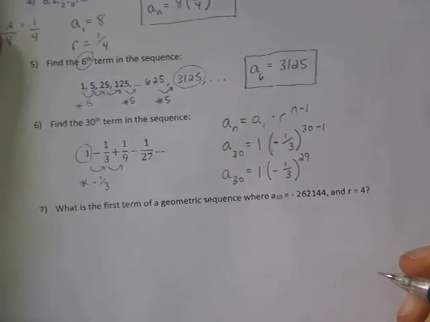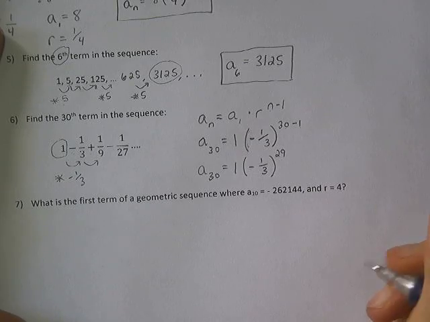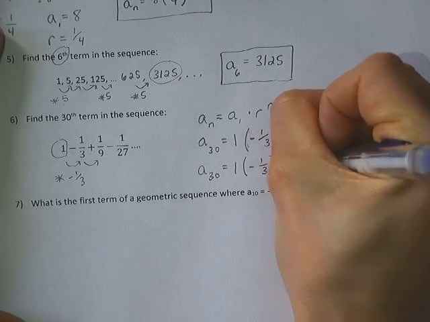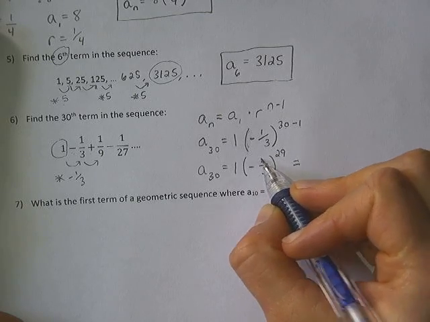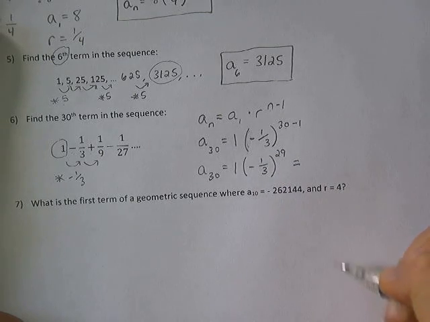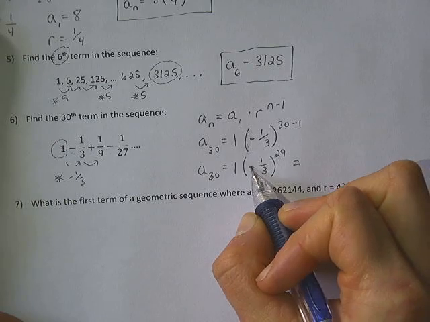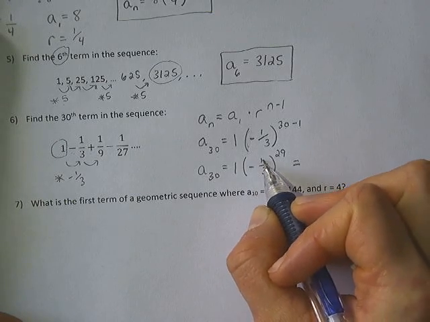So an exponent rule that you may or may not remember with doing this is when you have a fraction to an exponent, you could actually take each part of that fraction to that exponent. So I'm just going to take this negative and I'm going to put it with the 1, okay?